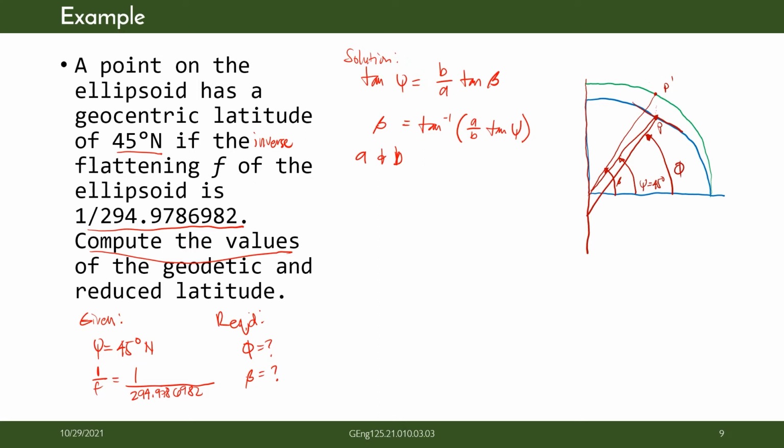Okay, so the figure is clear. Then next we need to solve first for the values a and b.